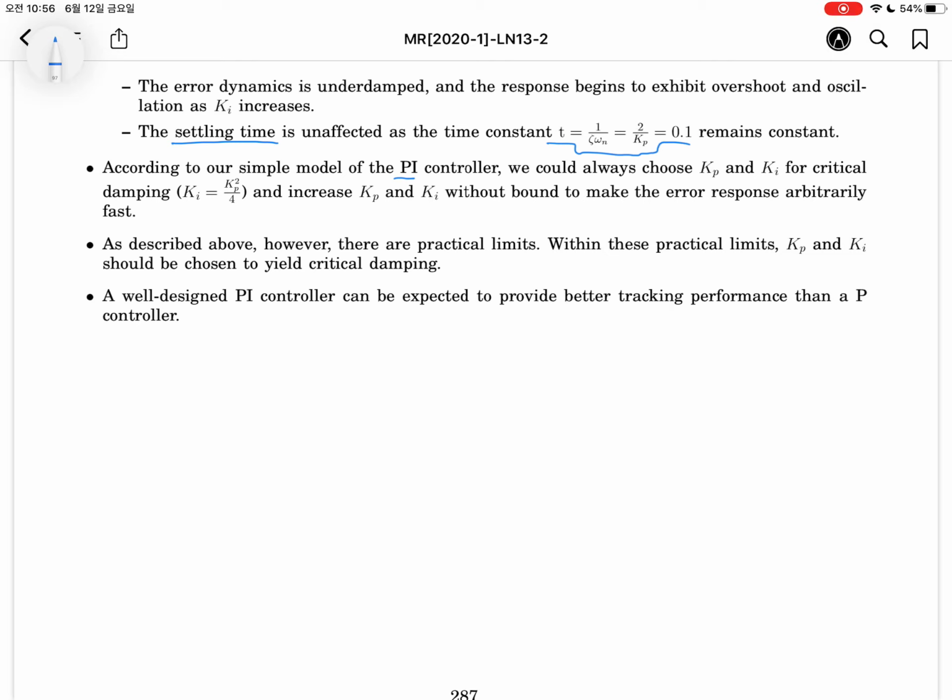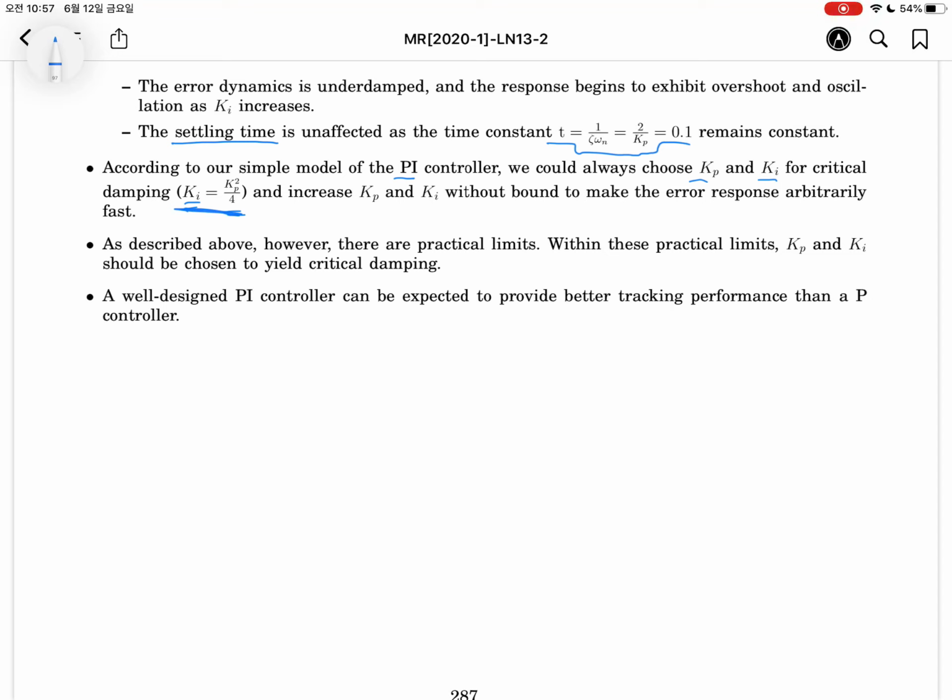According to our simple model of PI control, we always choose Kp and Ki for critical damping. Maybe Ki should be assigned as Kp squared over 2. That guarantees critical damping. I think a big Kp and a big Ki satisfying this relationship will be better, but hardware has some limitations, so we should consider the hardware limitation.